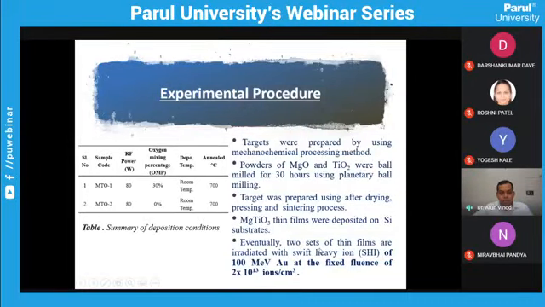Eventually, the two sets of thin films which we deposited, with different oxygen mixing percentages, we irradiated with 100 MeV gold ions at a fixed fluence of 2 × 10¹³ ions per centimeter square.